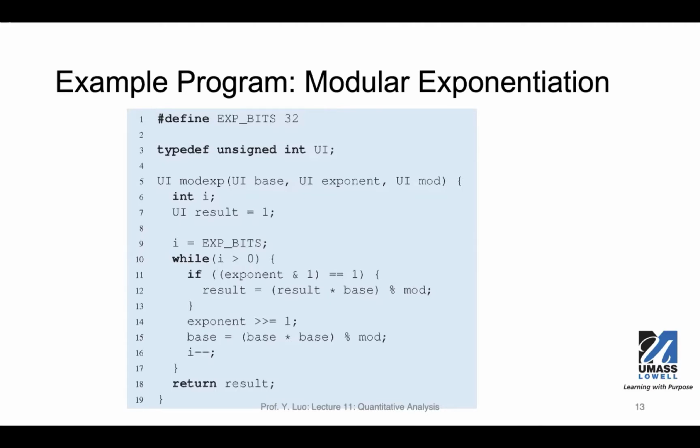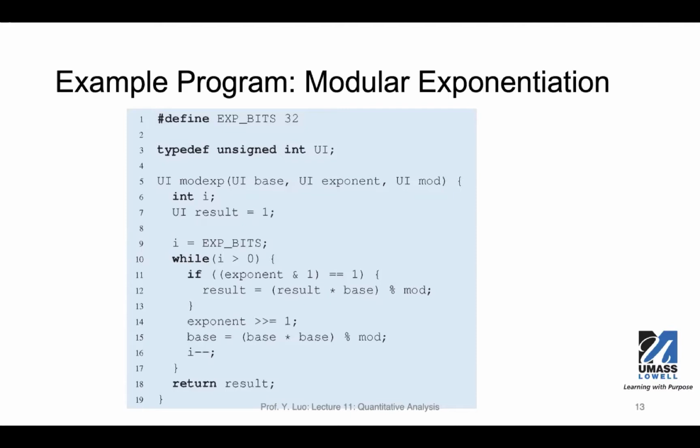Otherwise, you're going to have an infinite loop. If you look at line 16, it's I minus minus, so we're going to decrement by 1 every time. So we can expect that this while loop will repeat 32 times. So from line 11 to line 16, all these lines will be repeated 32 times.